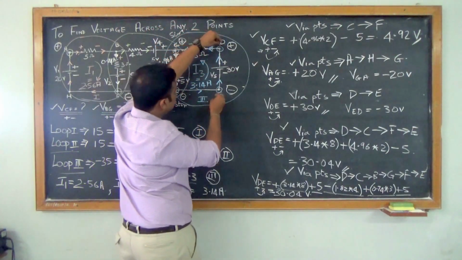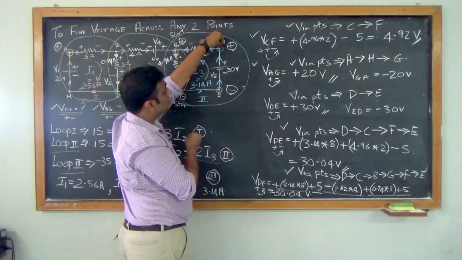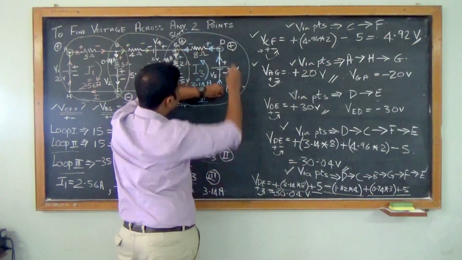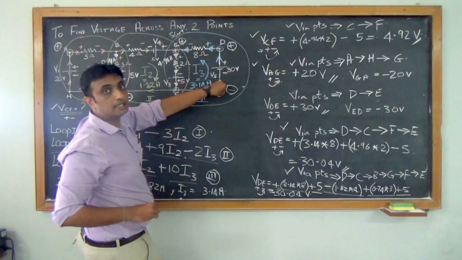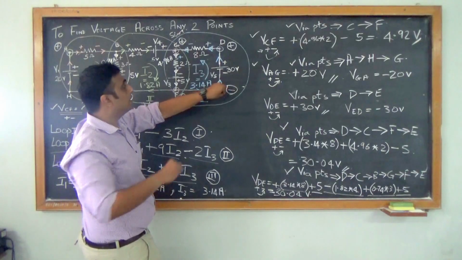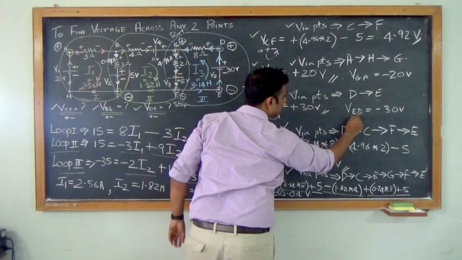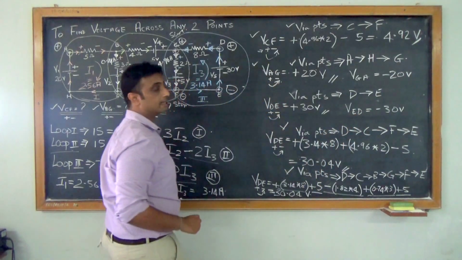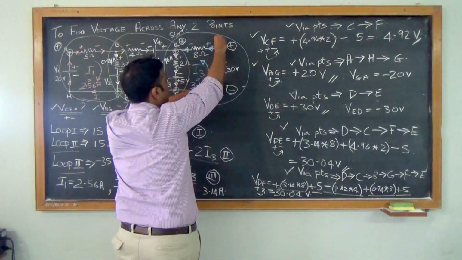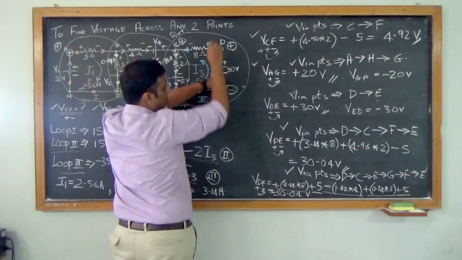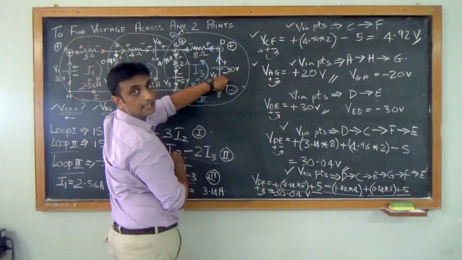So if my VDE is equal to 30 volts, obviously my VED will be equal to minus 30 volts. Why will it be equal to minus 30 volts? Because right now I am considering E as positive, D as negative, because I am connecting the positive terminal to E and the negative terminal to D. So if this is positive here, positive into negative is negative.